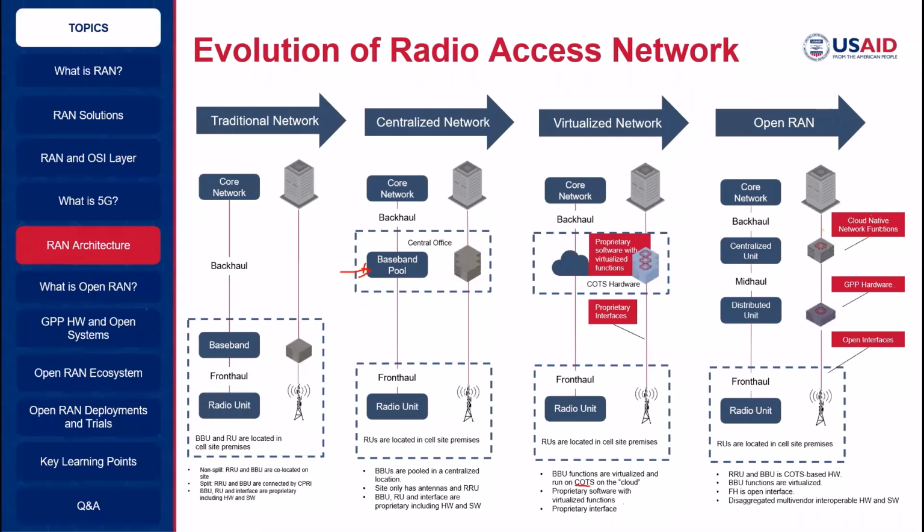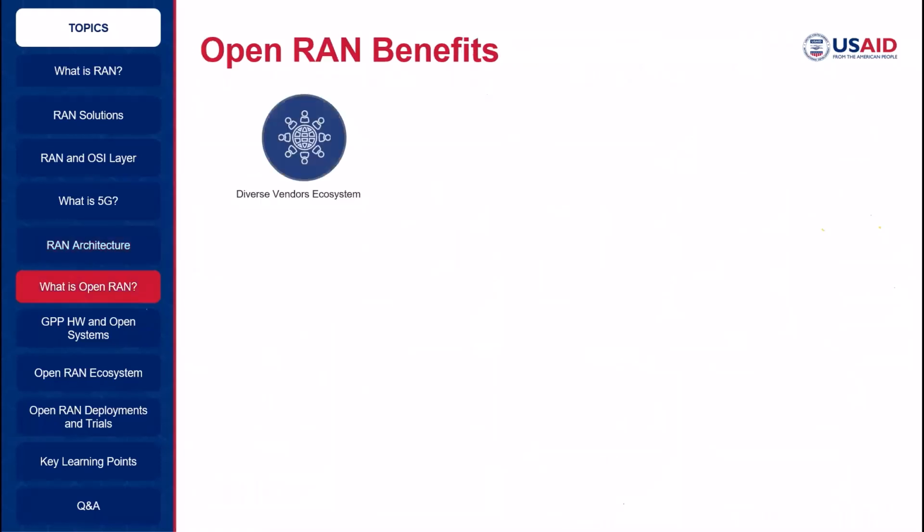When we implement Open RAN, it will have different benefits. We will have a diverse vendor ecosystem, so there will be a lot of vendors coming in. It will remove the vendor lock-in. It will allow a more competitive supplier environment and faster network deployments due to automation and centralized radio architecture.